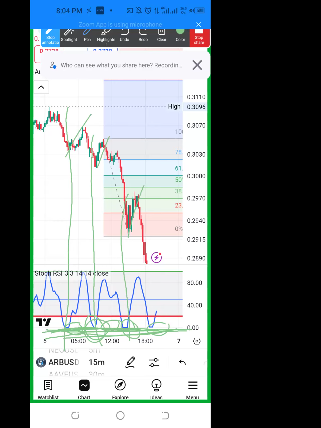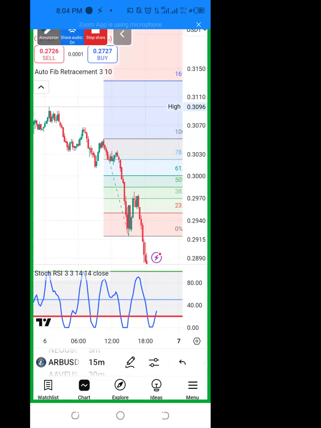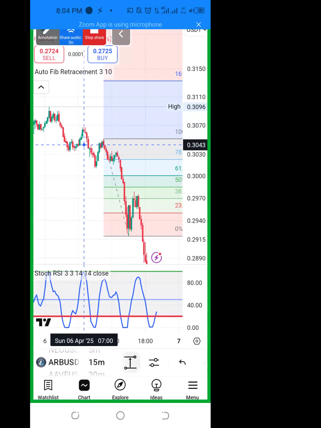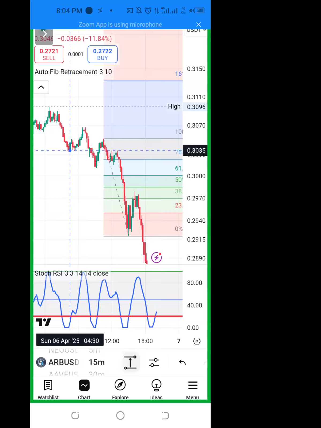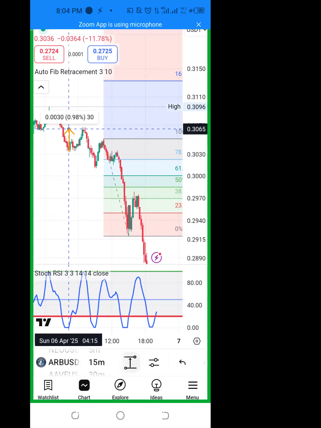Let's measure it. All those movements from here up, it gave us, it's not even up to 1%. Let me do another one.